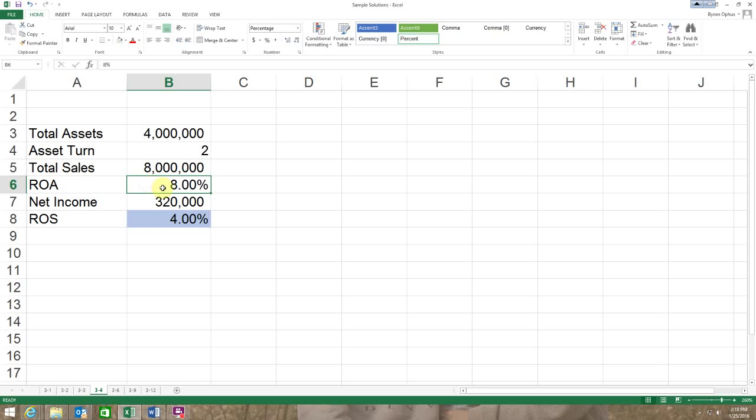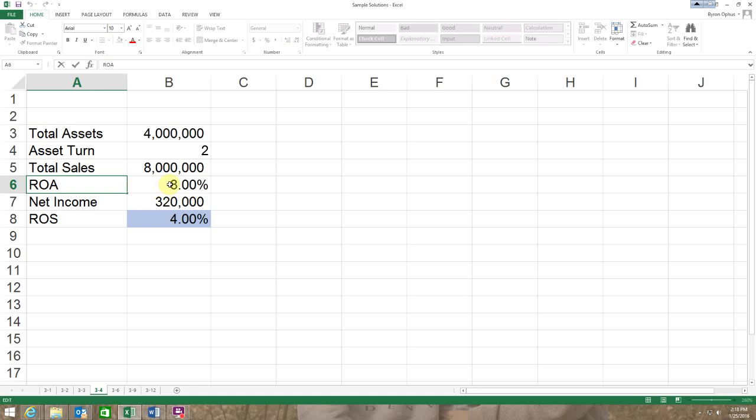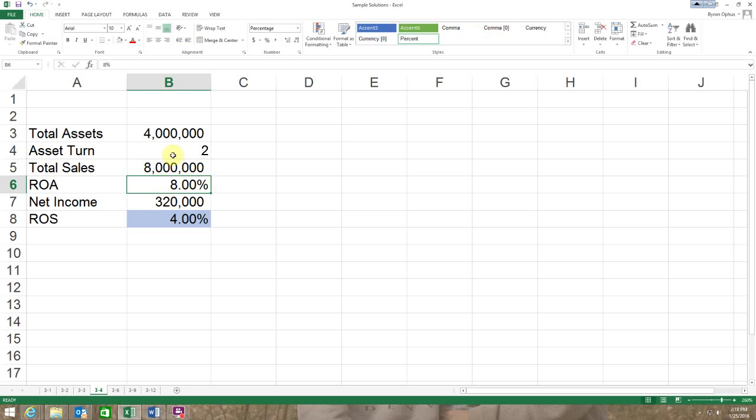Okay. Now it provides for me my return on assets. Okay, this was given to me, my ROA, right, in my problem. It says my return on assets is 8%, so that's given to me. Okay, so now I know what my assets are, and I know what my return on assets is, and so I can figure out my net income, right?